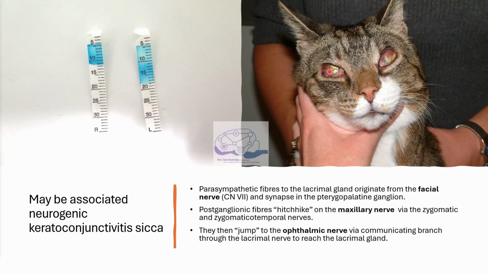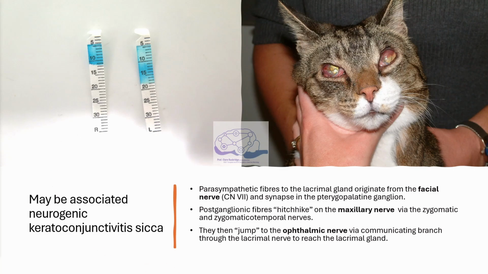The eye is not protected because of the dryness, and also when you lose trigeminal supply to the cornea, the cornea will lose its integrity. So, a triple whammy, meaning these animals are incredibly susceptible to corneal ulceration.